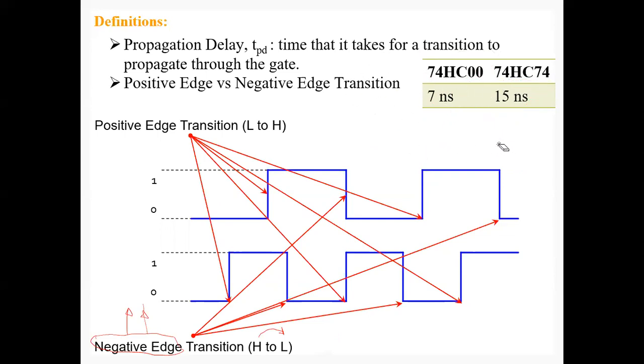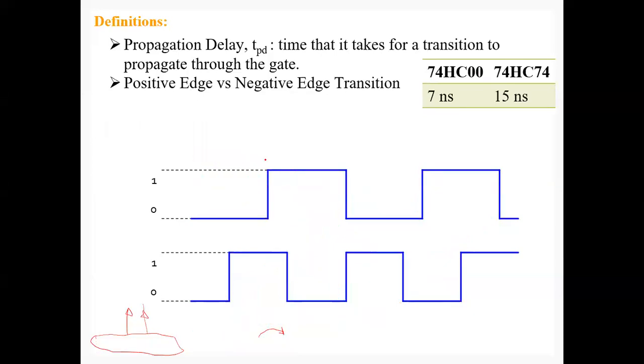Now let me go back to positive edge transition and negative edge transition. What is positive edge and negative edge? What is this signal here? You have 0 here, low signal up to here, then it goes to high, and then it goes to low again, then high again, then low.